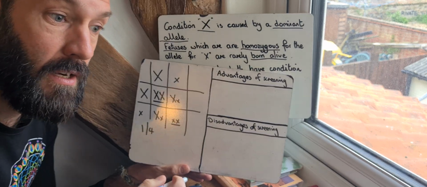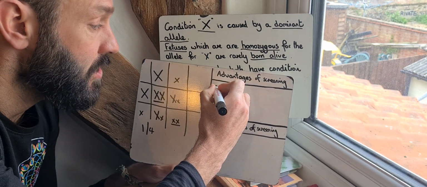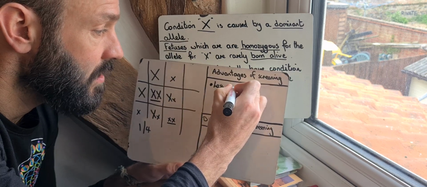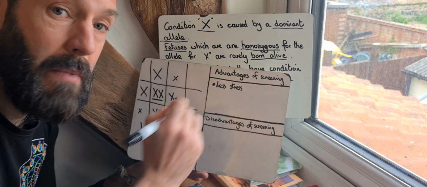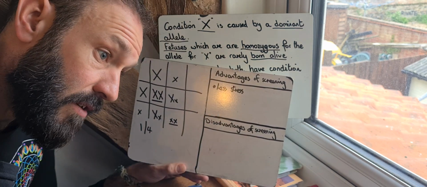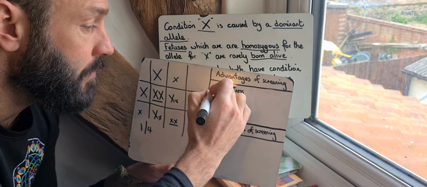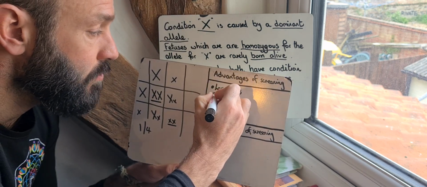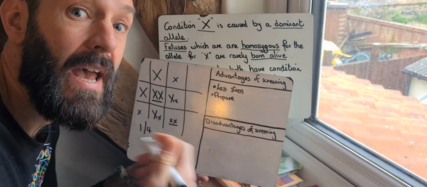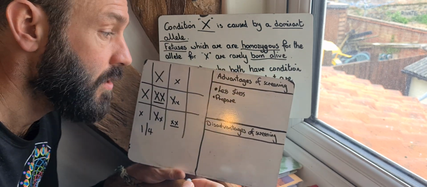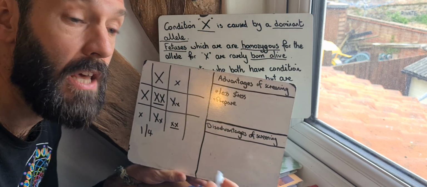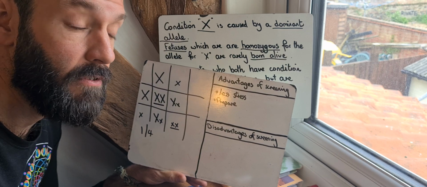Okay. Now the advantages, you could say, are less stress for the parents, so them knowing what the outcome will be or what their baby will be suffering from. You could say that they'll be able to prepare themselves, so they could prepare themselves for a child that's carrying it and not necessarily suffering it, or prepare themselves for an early death.